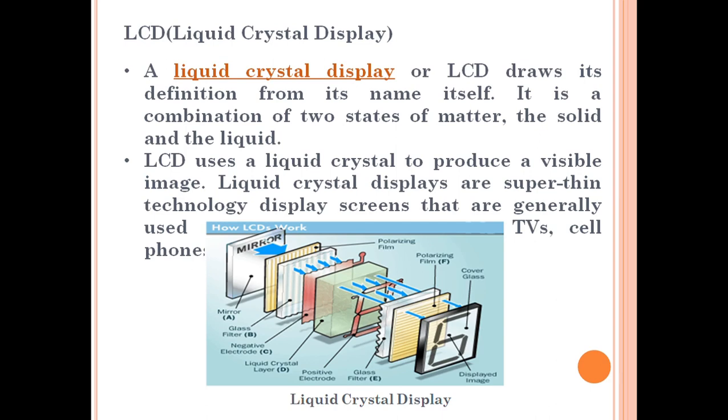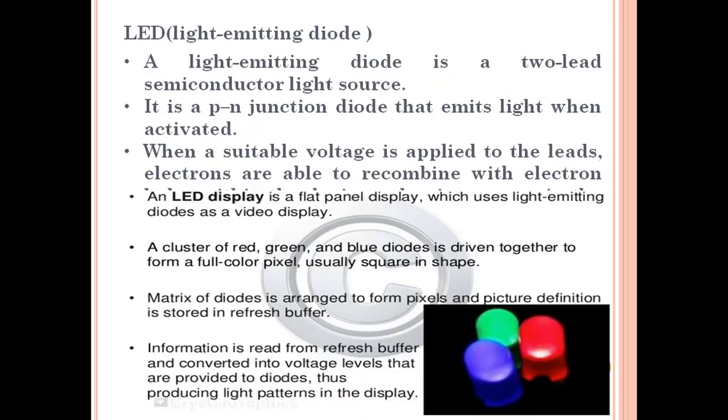In that liquid crystal display, there is a mirror. Another one is a filter, negative electrode, and then an LCD layer. In that LCD layer, there is a glass filter. Another is finalized to display the image. This is LCD TV available.